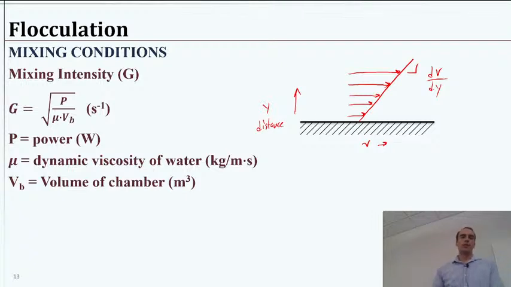That's going to give us units. If we take this in, let's say, meters and seconds, that would be maybe a velocity term in meters per second and distance in meters. That yields 1 over seconds, per second time. So this is what we call G, or mixing intensity.